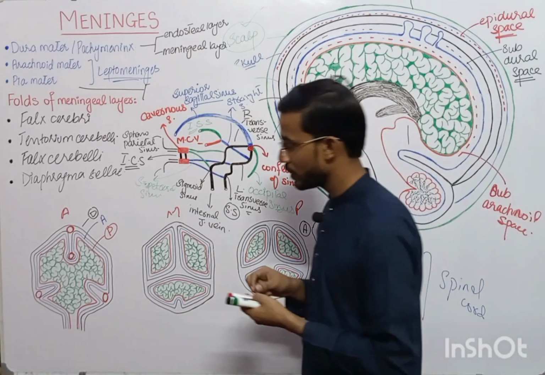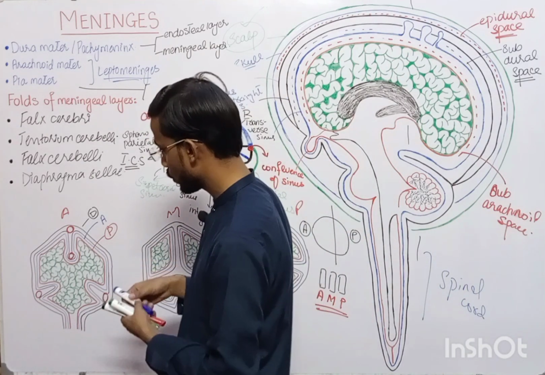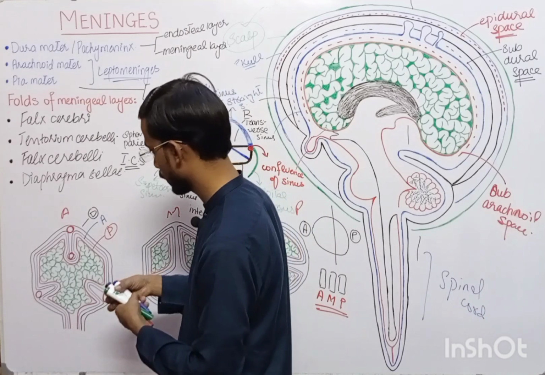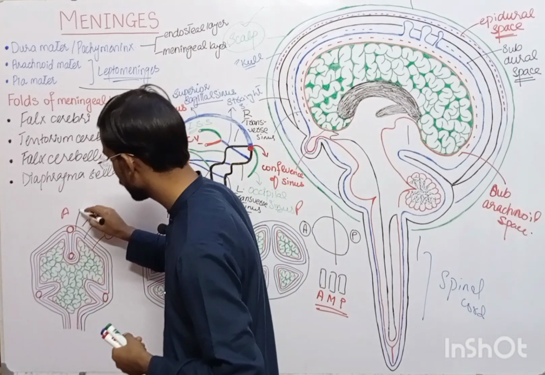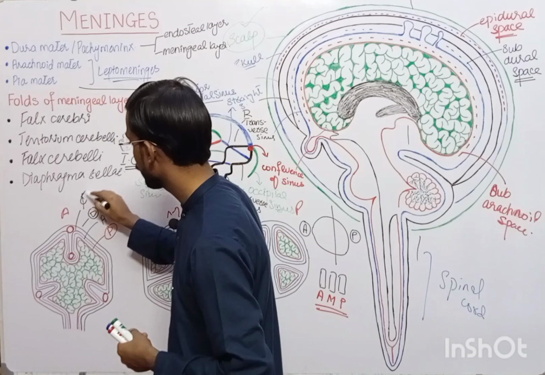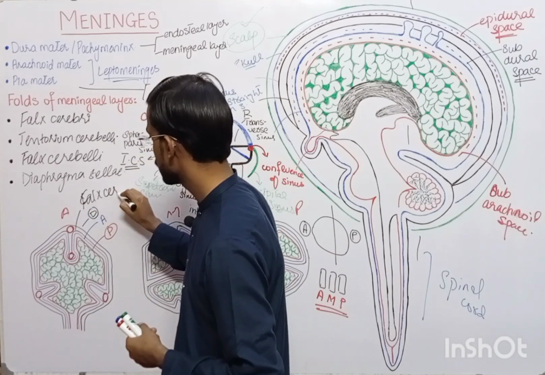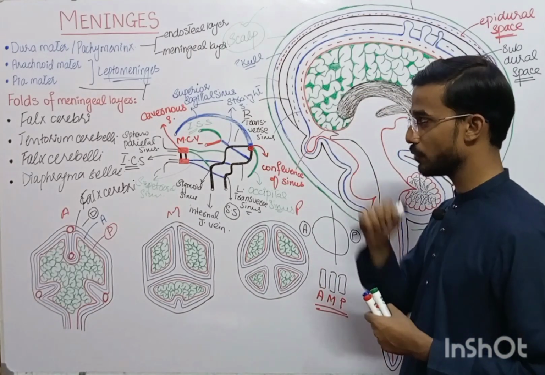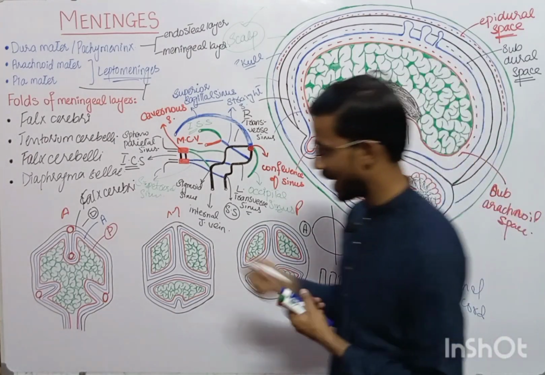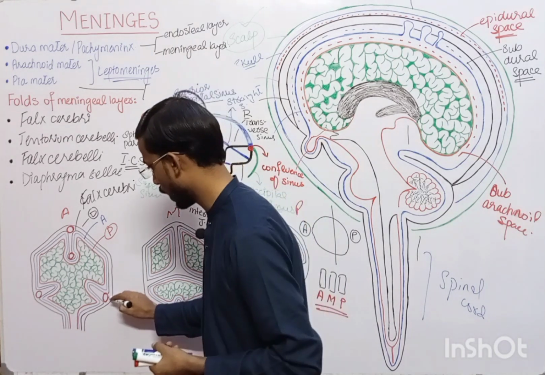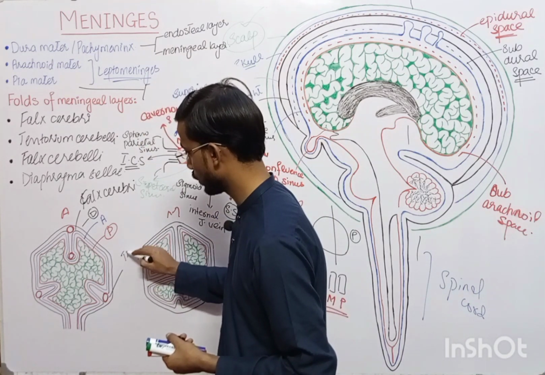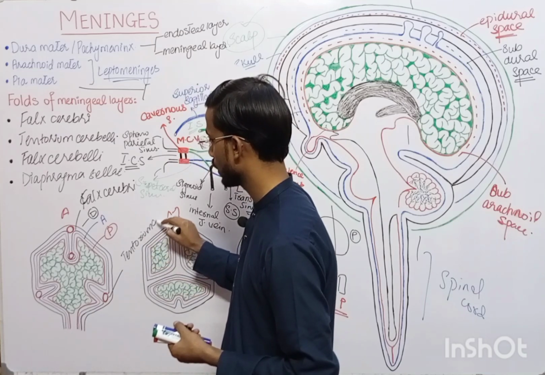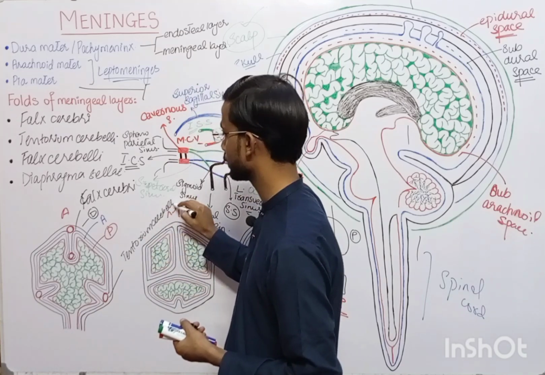So you can see, first of all, this fold is called the falx cerebri. This is the first fold of the meningeal layer, and these two are basically called the tentorium cerebelli.